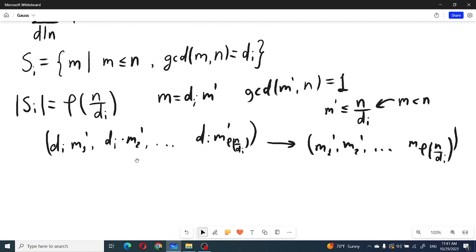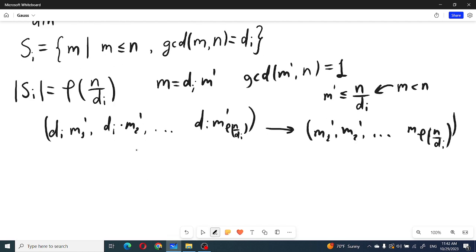Now we will show that every number from 1 to n must be in exactly one of these sets: S_1, S_2, up to S_k, where in total we have d_1, d_2, up to d_k divisors of n.